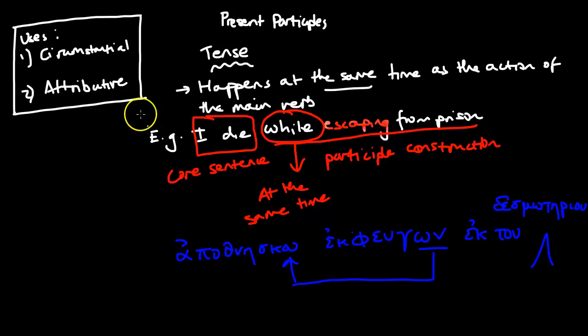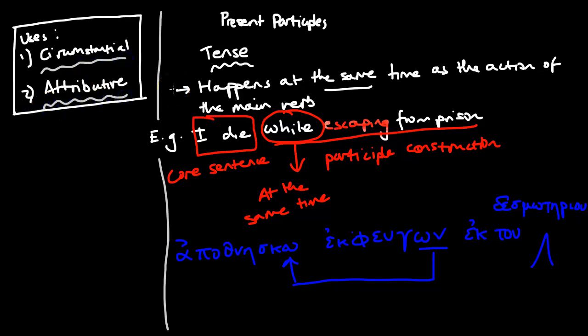And now you'll notice here that I've got a little box entitled uses. So there are two general uses of the participle. All participles, in fact, not just present participles. One is circumstantial, and the other is attributive. At first this might seem a little complicated, but you'll get the hang of it when I give you some examples.